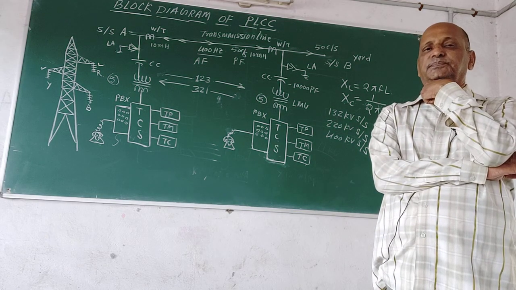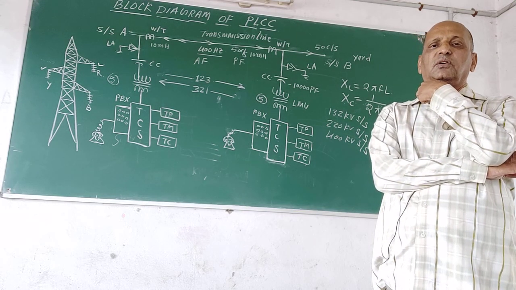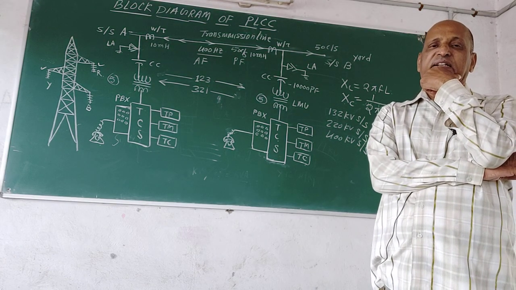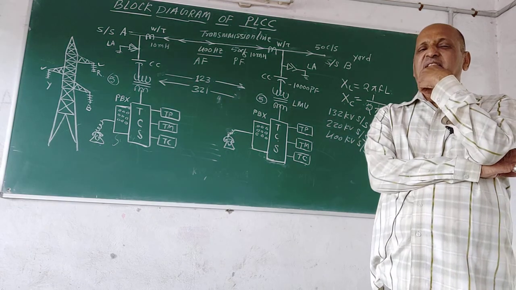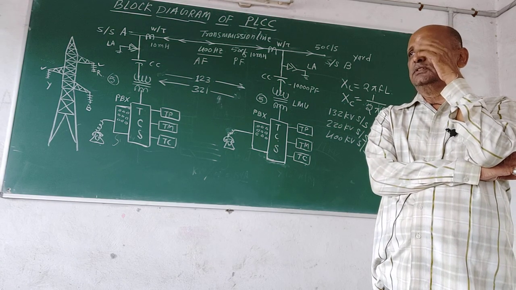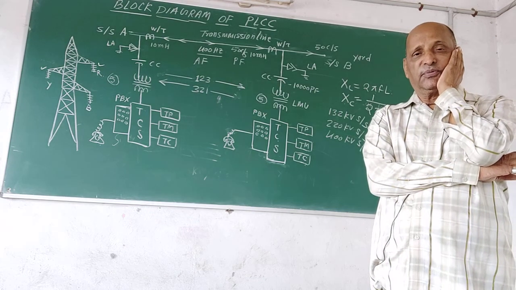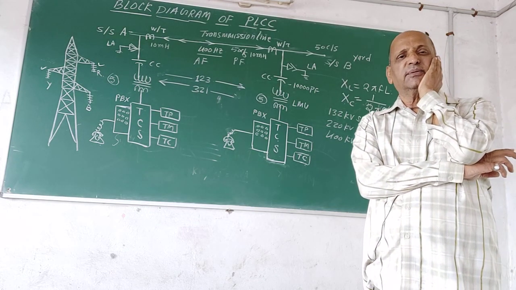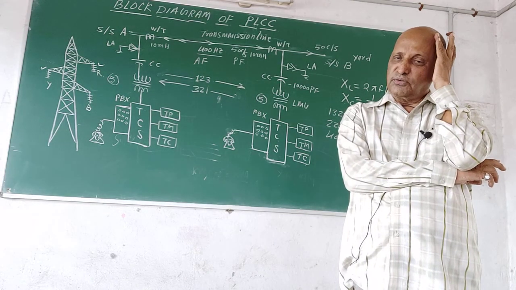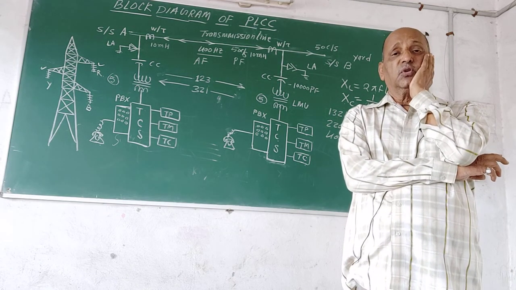This is a tower line on which two phases of PLCC line are connected, and the power line carrier communication frequency is about 100 kHz to 450 kHz. You can select any substation frequency according to your choice or according to the design of the equipment.